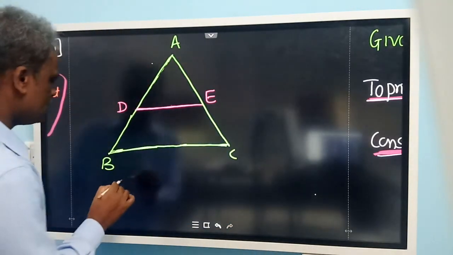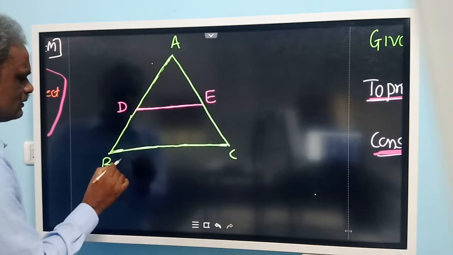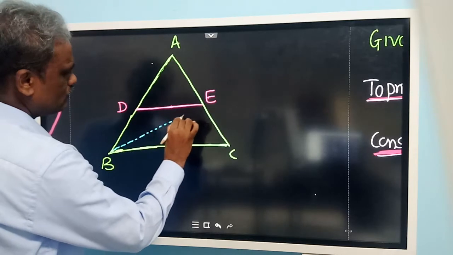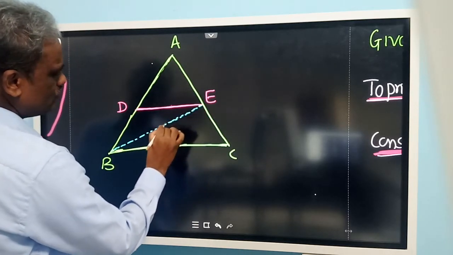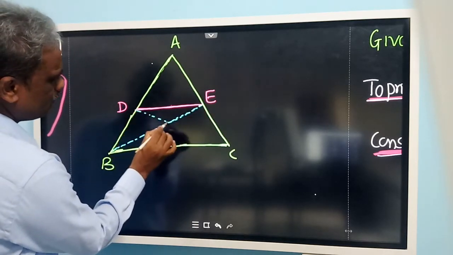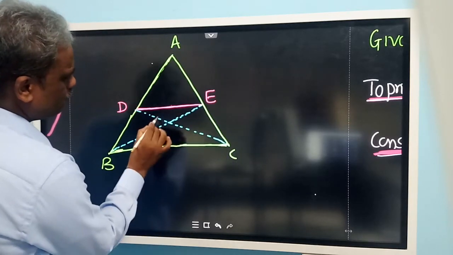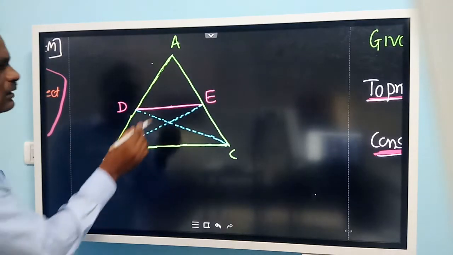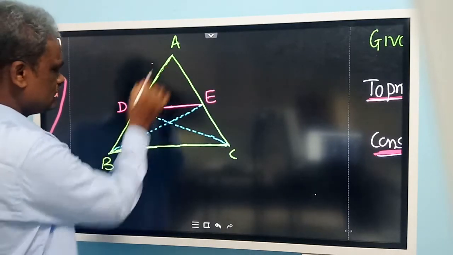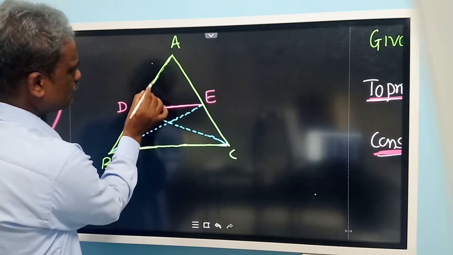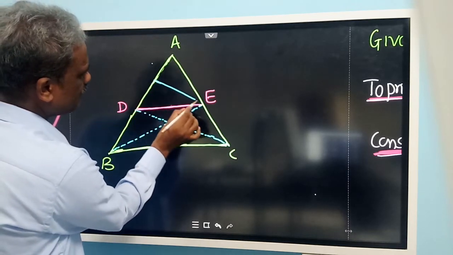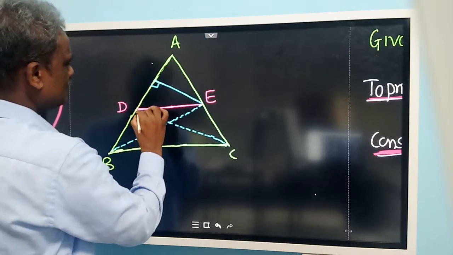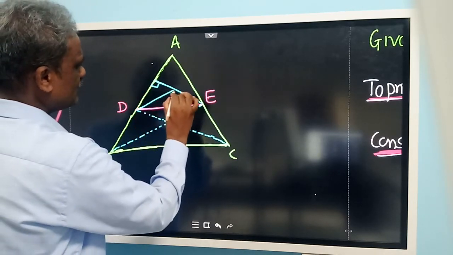So I am going to join B and E, then again D and C. So we have joined BE and DC, and draw the perpendiculars. So let us draw a perpendicular line like this, and another perpendicular from here to the other side.